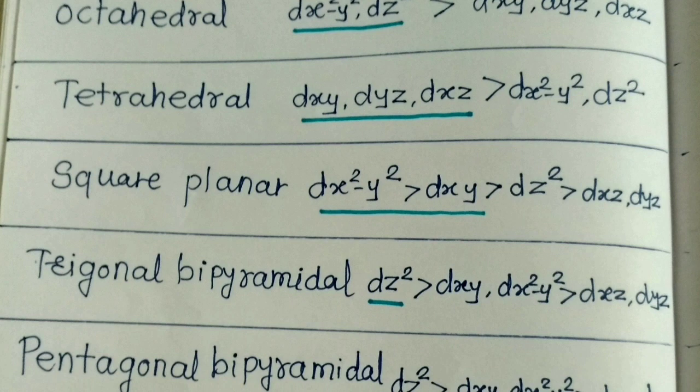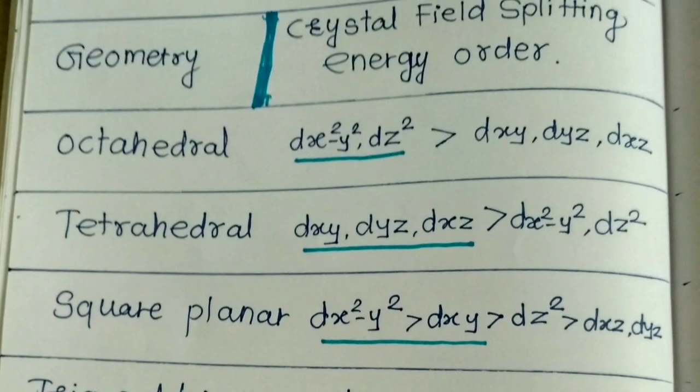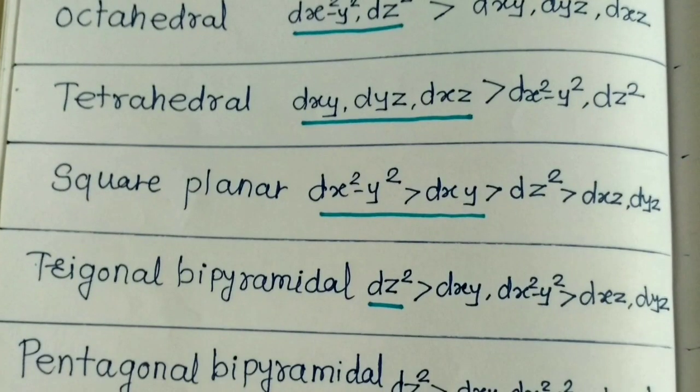These two orbitals, dxz and dyz, have the lowest energy. It should be noted that the underlined orbitals are those above the barycenter.